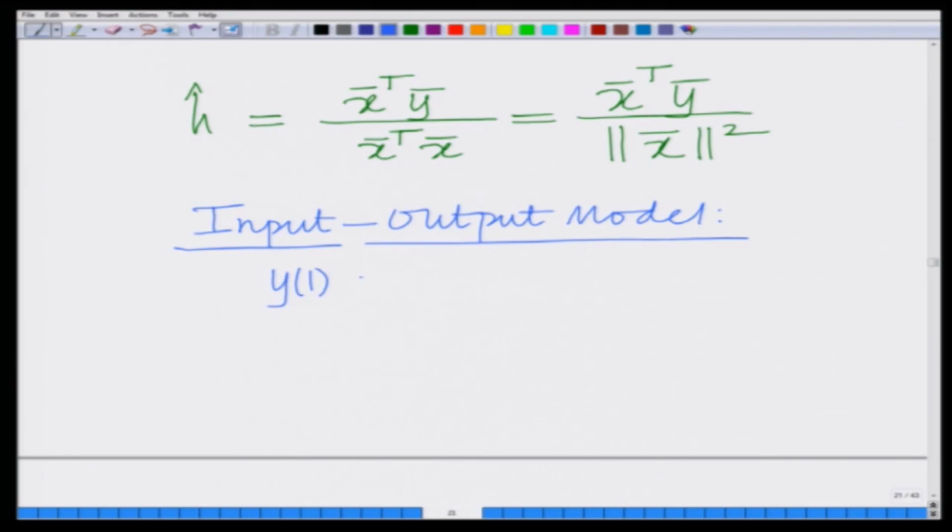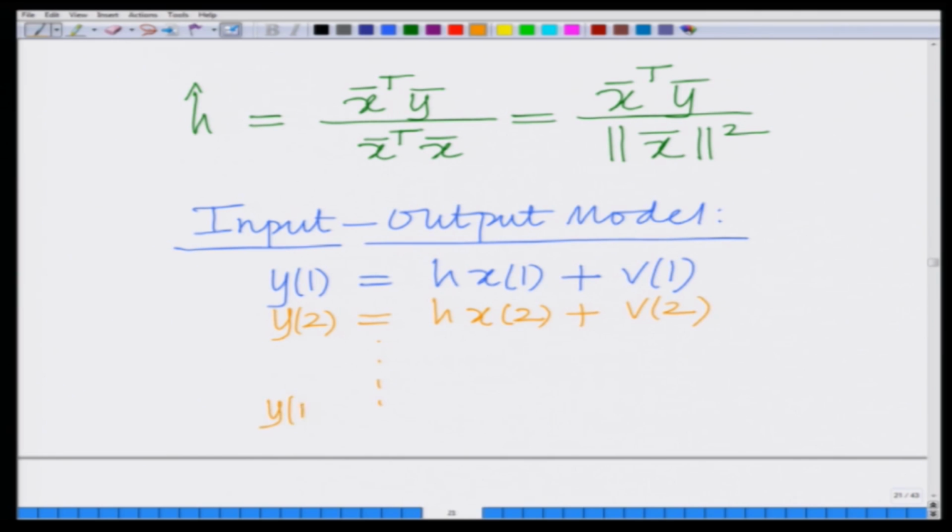Therefore, I can write y1 equals h times x1 plus v1, y2 equals h times x2 plus v2, so on, yn equals h times xn plus vn.